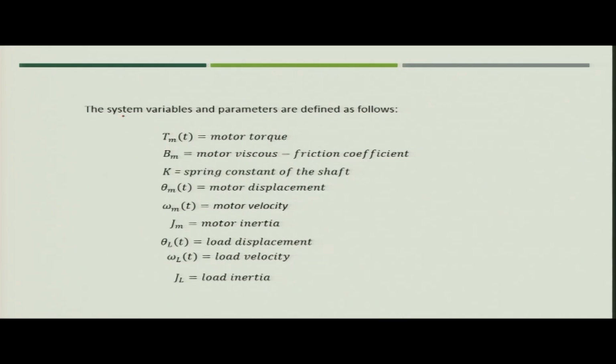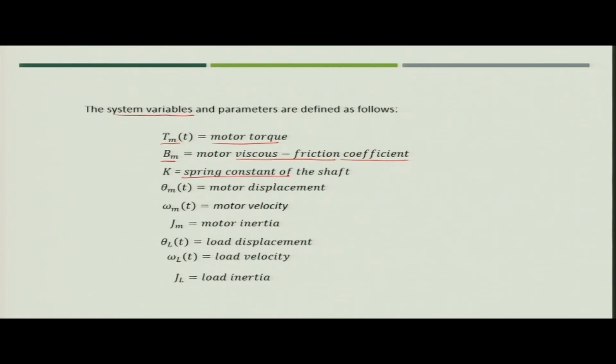The variables which we will use to define the free body diagram of this mechanical system are Tm, which is nothing but motor torque, and Bm, the viscous friction coefficient related to the motor.